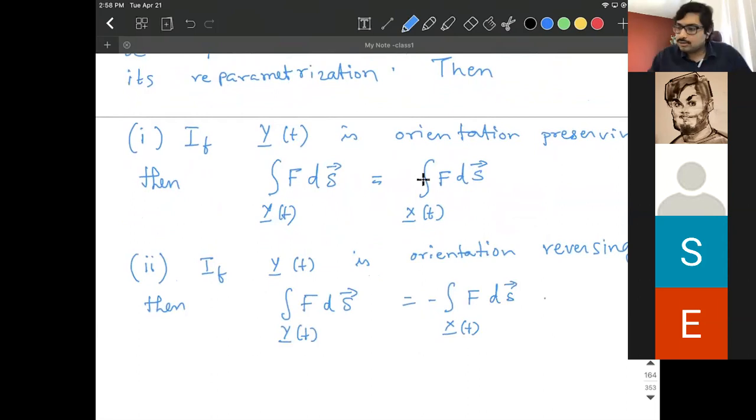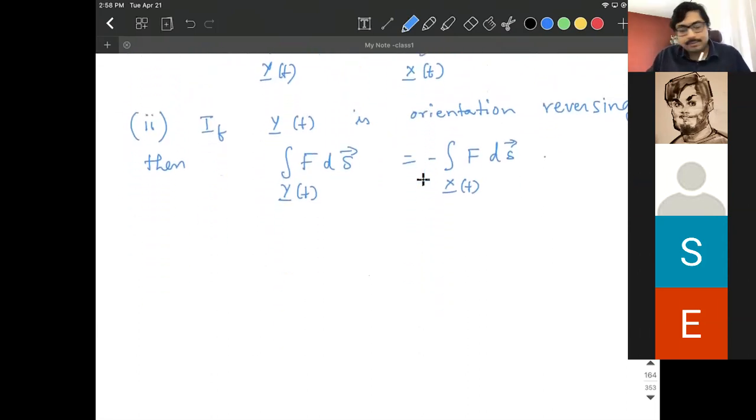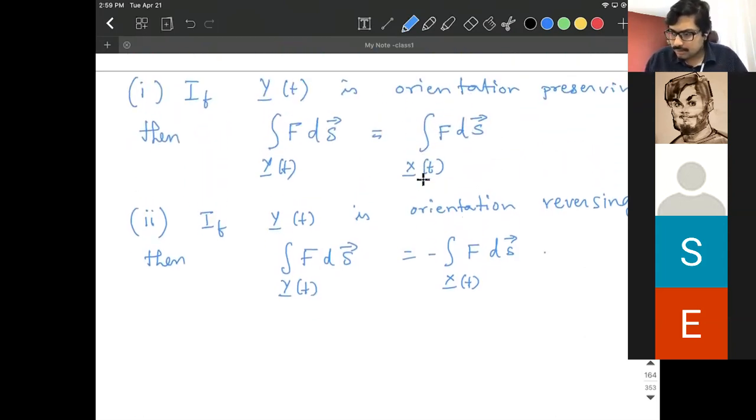Okay, so the absolute value doesn't change, of course, because if you consider work to be a vector quantity, the absolute value won't change irrespective of the parametrization. But since it's a vector, there should be a change of sign according as you take an orientation reversing or orientation preserving reparametrization.